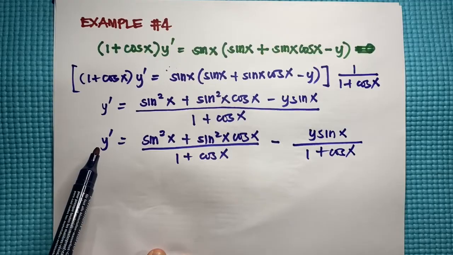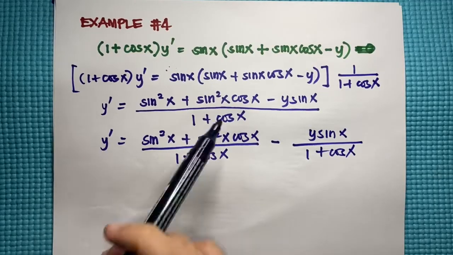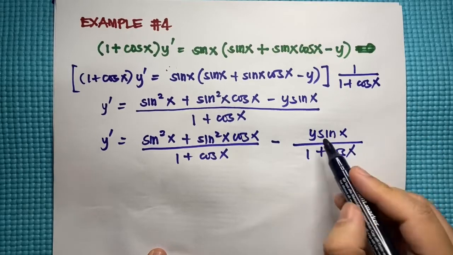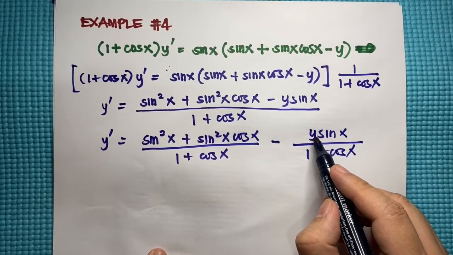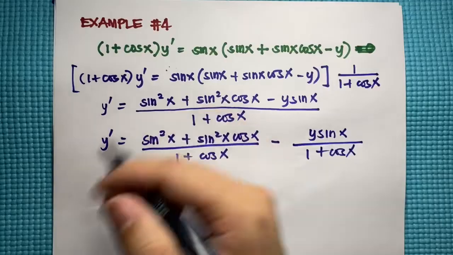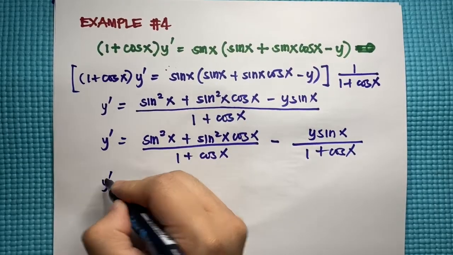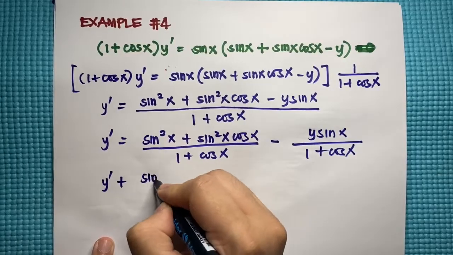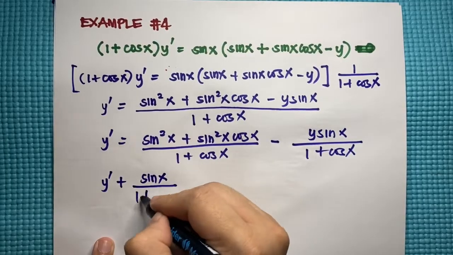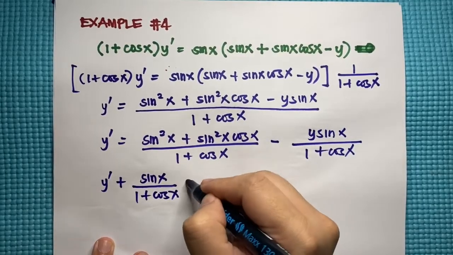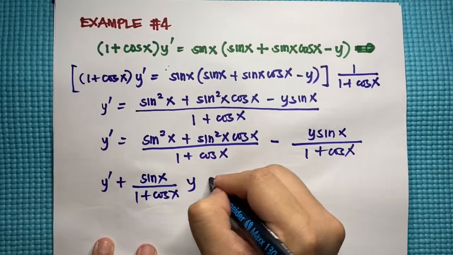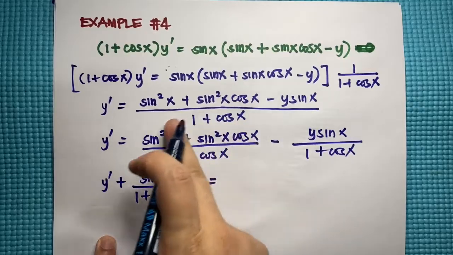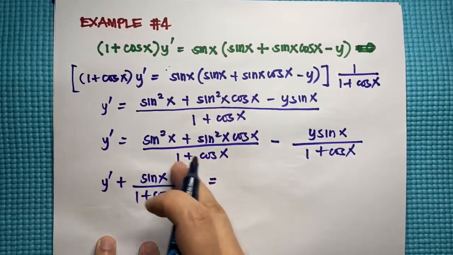So therefore we have to find where it is linear. It should be linear in y. And in that case, there is our y. Then rearranging the equation, this would give us plus sin x over 1 + cos x multiplied with y, and that would be equal to this given term.